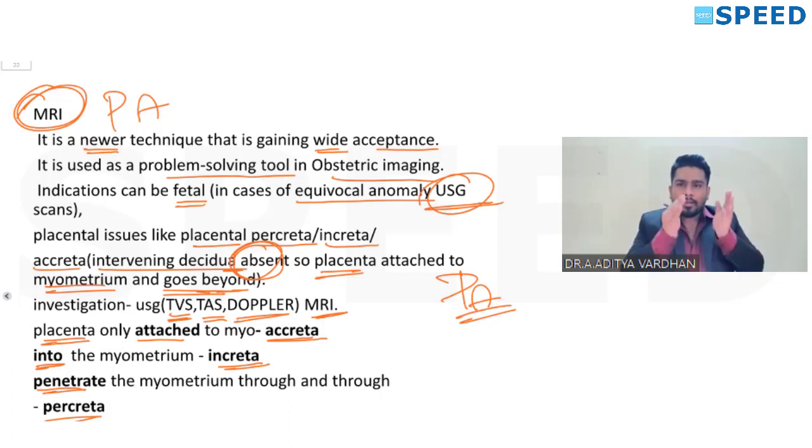Mnemonic here: placenta attached to myometrium is accreta, into the myometrium is increta, penetrate through the myometrium is percreta. Okay, these are the images. Let's say a scar was there and here the placenta is getting attached: accreta; into the myometrium: increta; through the myometrium, penetrating through: percreta.